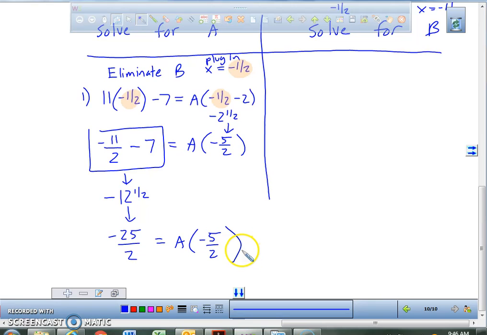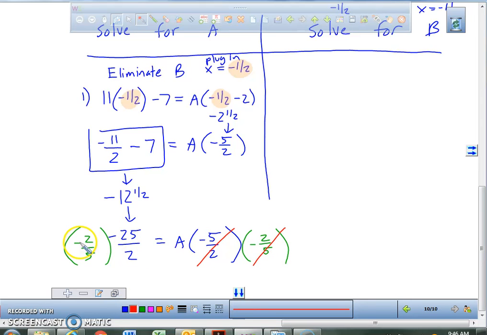Doing it by hand, though, to solve this I'm going to multiply both sides by negative 2/5, which is the reciprocal. The reciprocal of negative 5 over 2 is negative 2 over 5. So notice what's going to happen. These are going to cancel out.